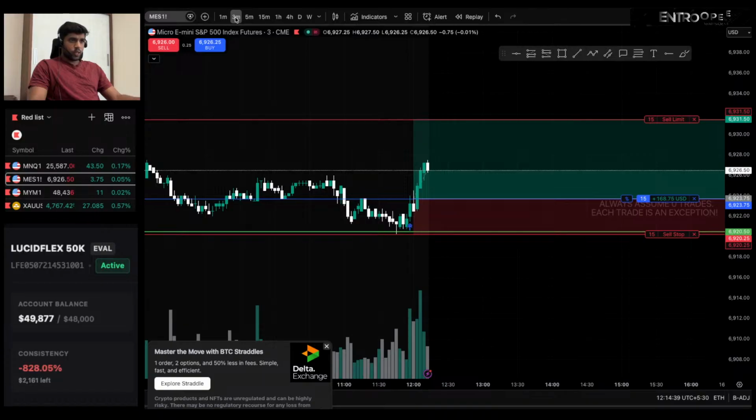Okay, there is some weakness. Could be a retracement, but I would like that to be not that deep before the candle close. So I hope it sustains and holds that area.